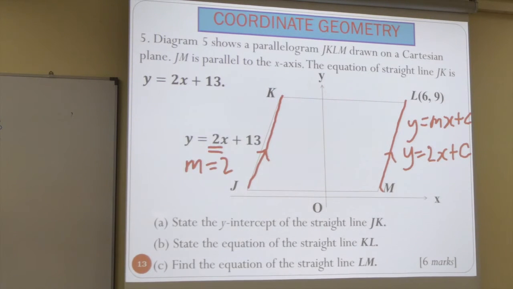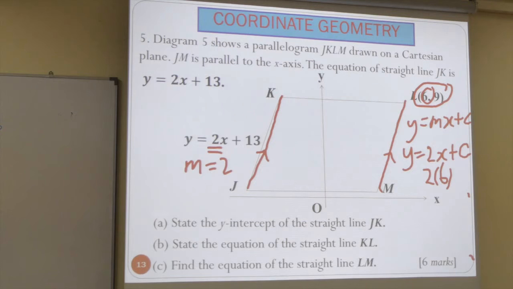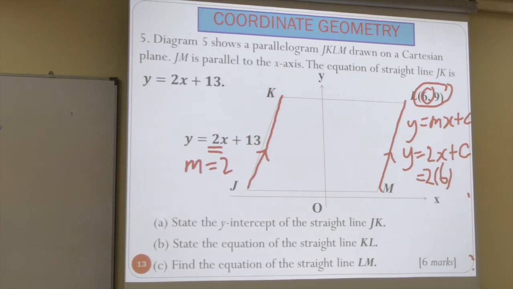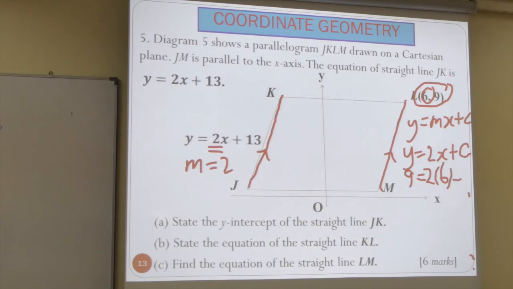Then, how are we going to find the c? You take 1 point from here. Correct or not? And what are you going to do? Substitute. Very good. So the 6, you substitute inside here. Multiply by the 2. Correct or not? And then what is your value of y? So your y will be 9 equals 2 times 6 plus c. Then you can simplify to find the c.